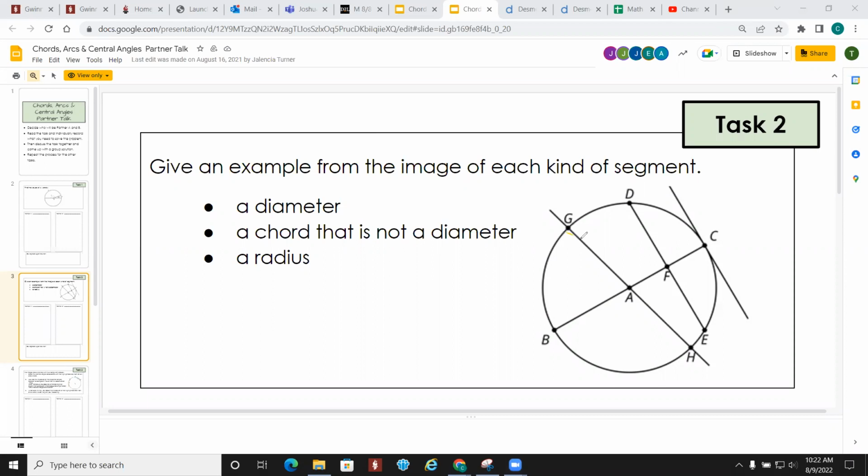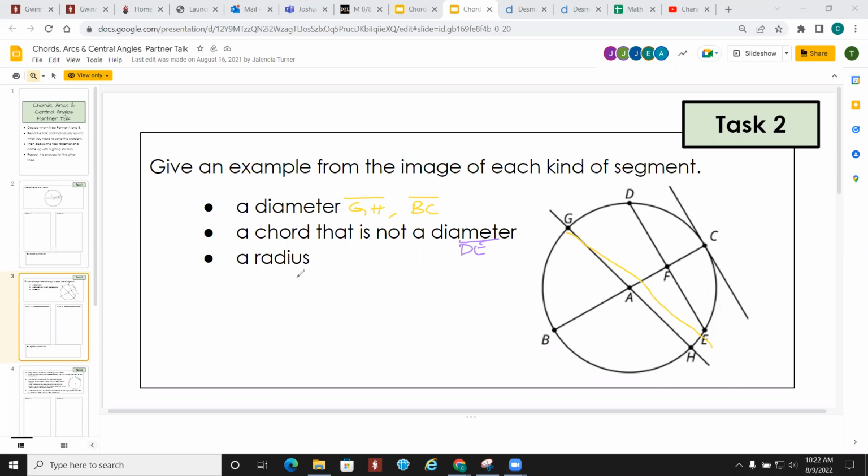A diameter is like this one: G to H, B to C, or you could say C to B. That's fine. For a chord that's not the diameter, you've got D, E, and that's it.